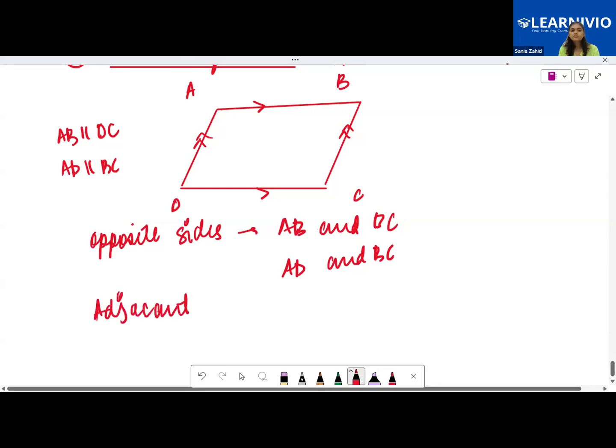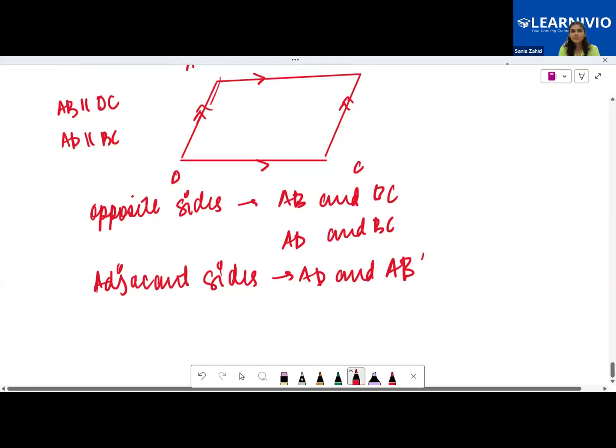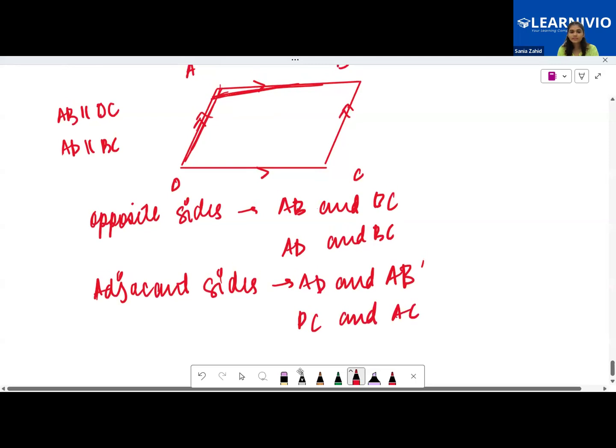You have AD and AB, and see, this one and this one right here will be adjacent. Then the other ones will be BC and DC, and BA, I'm sorry, and AB.